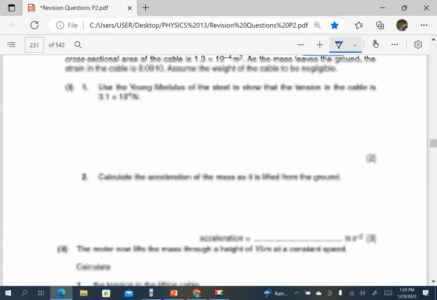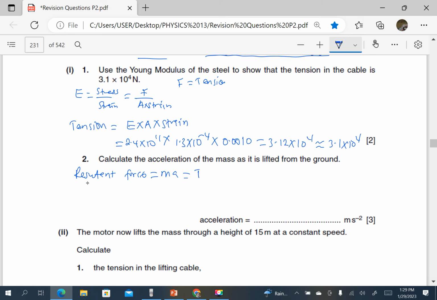So this will be tension T minus the weight downwards, which is M times G. So the mass, 1,800, times the acceleration equals the tension, which we have got as 3.12 times 10 power 4, minus the weight, which is mg, that is 1800 times 9.81.